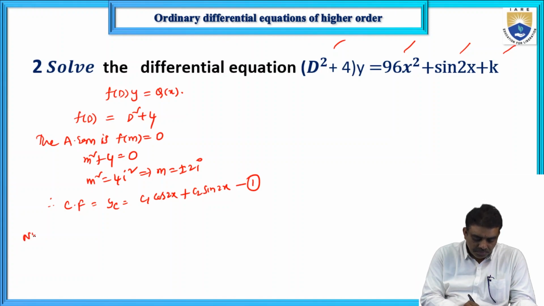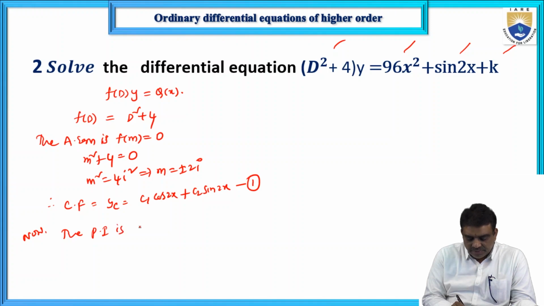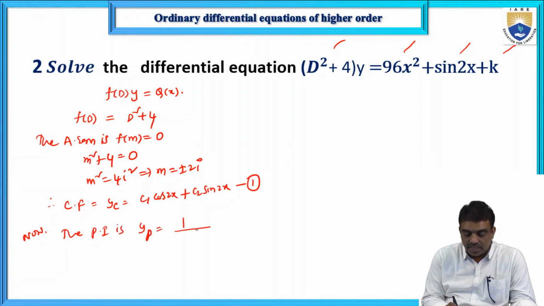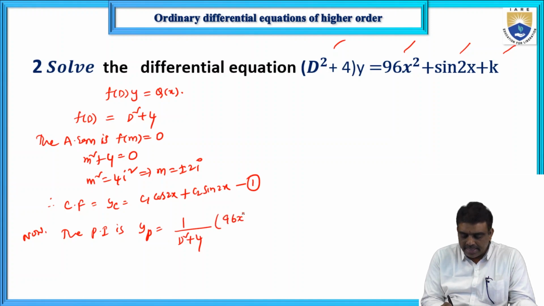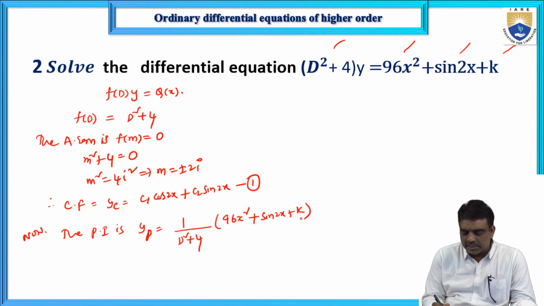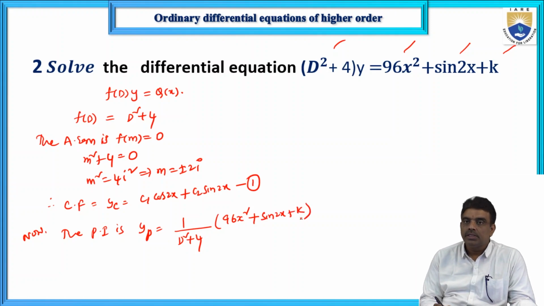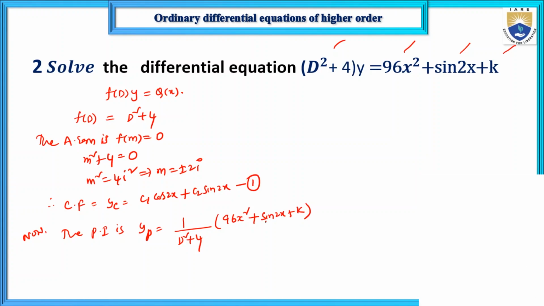Now, the particular integral, the PI, yp is equal to 1 by D square plus 4 of 96x square plus sine 2x plus k. So you have to find the three-term particular integral.